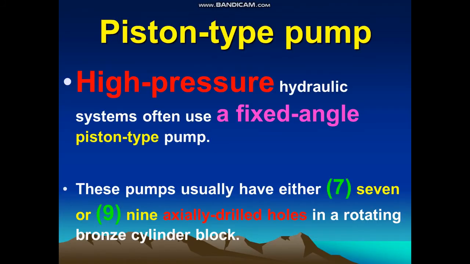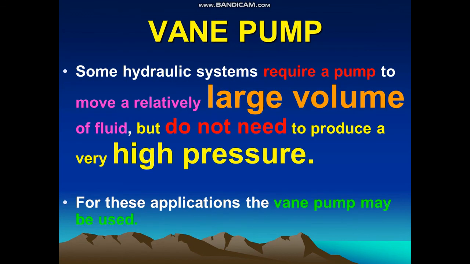Piston type pump. High pressure hydraulic systems often use a fixed angle piston type pump. These pumps usually have either 7 or 9 axial drilled holes and a rotating bronze cylinder block. The last type, vane pump.